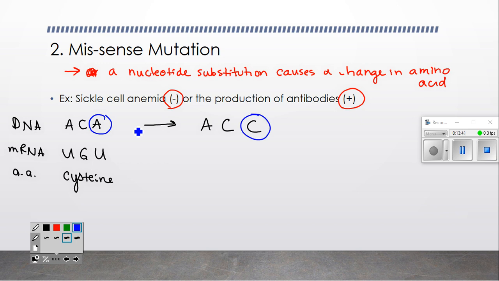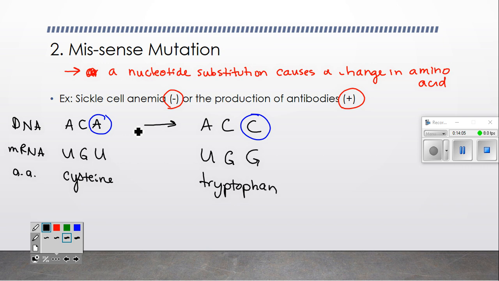So cytosine has replaced adenine. If we look at their mRNA, now I get UGG. UGG codes for tryptophan. That is not the same amino acid.